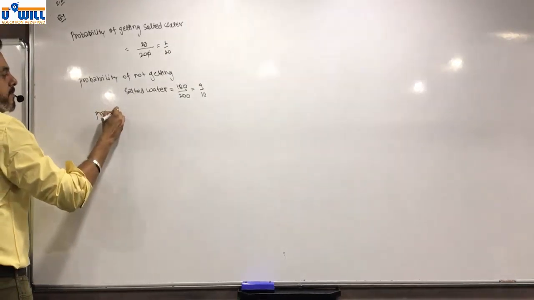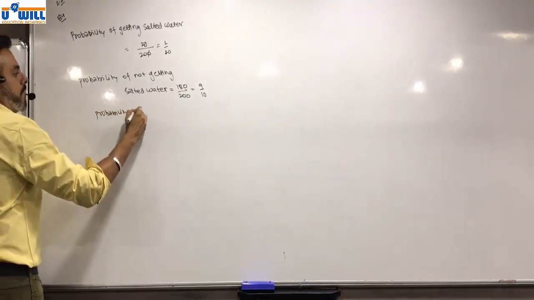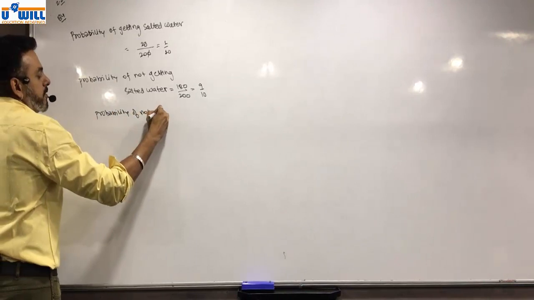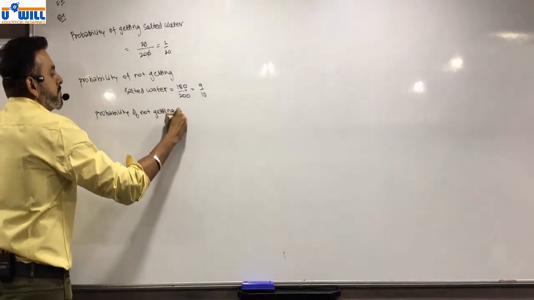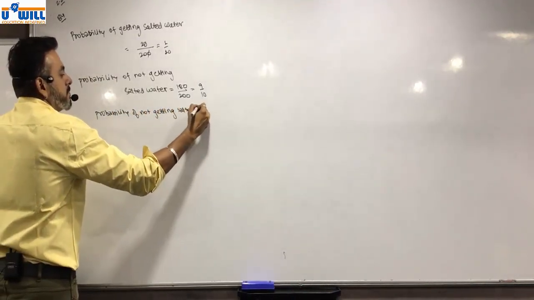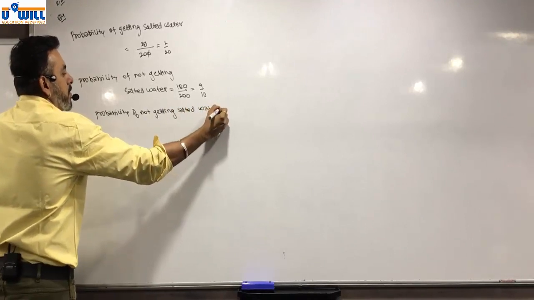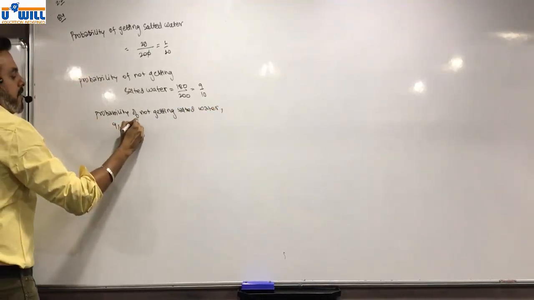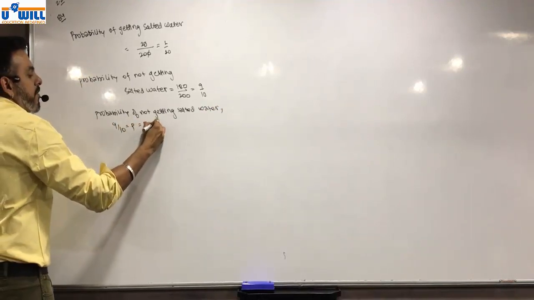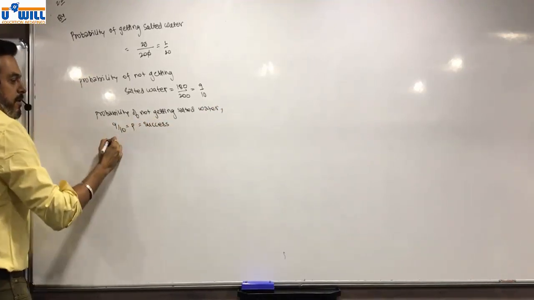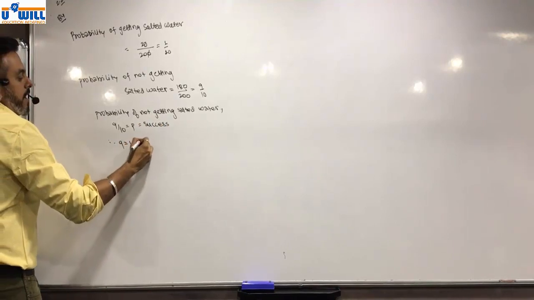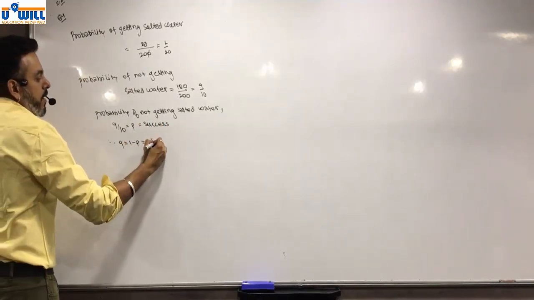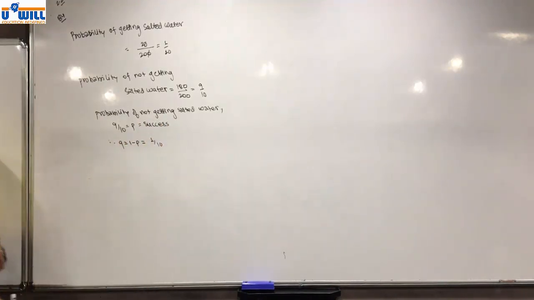Probability of not getting salted water, 9/10, is equal to P, which is our success. Therefore, Q is equal to 1 minus P, which is equal to 1/10.